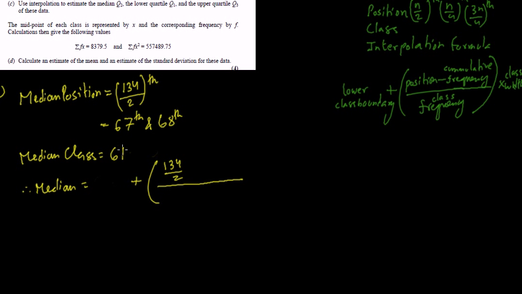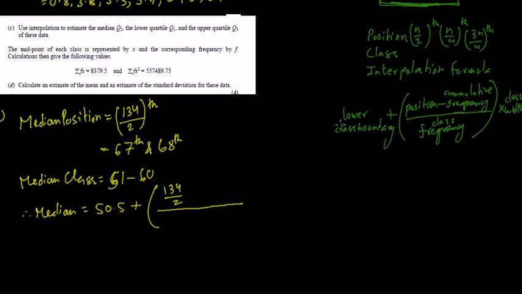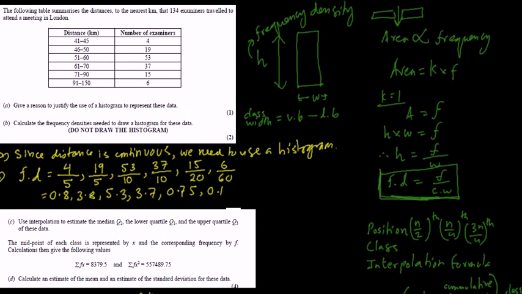So 51 to 60, so this would be 50.5. Okay, so this position is the frequency of the class. 51 to 60 is 53, so class frequency is 53. And we have cumulative frequency up to the previous class.